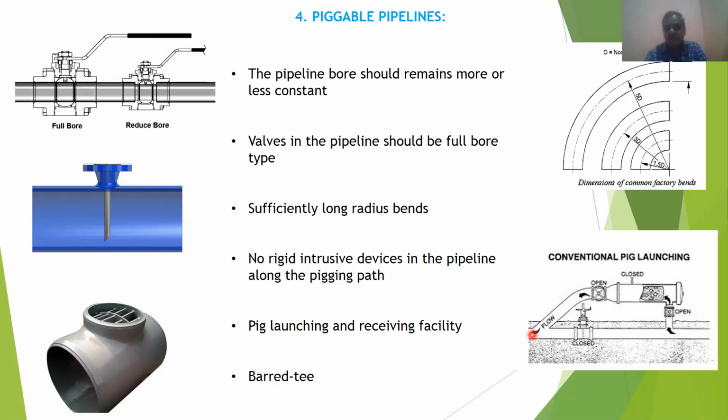Okay, so from the launcher, you are inserting a pig from here, closing the door, and valves. This valve should be closed, and this valve should be open. Then this should be closed. Then he launches the pig.